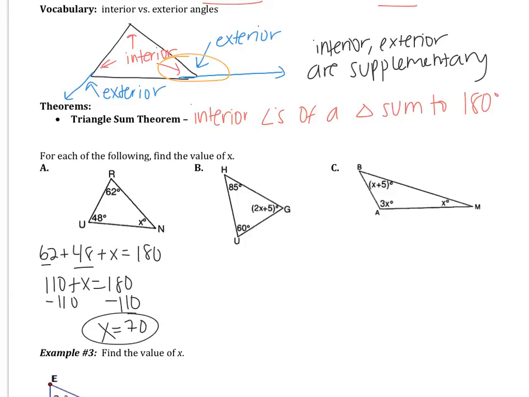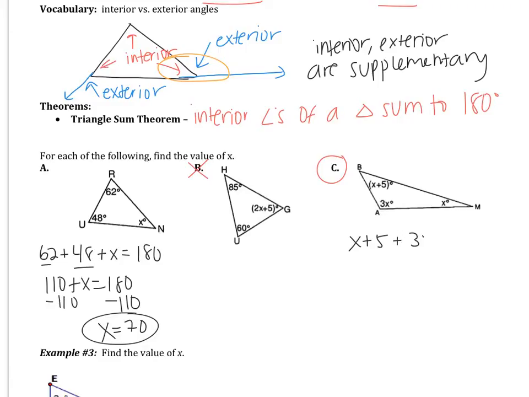For right now, we're going to skip B, and you're going to do C. Pause the video and try C on your own, please. Good luck. Okay, so we have interior angles in this case, so they're going to sum to 180.